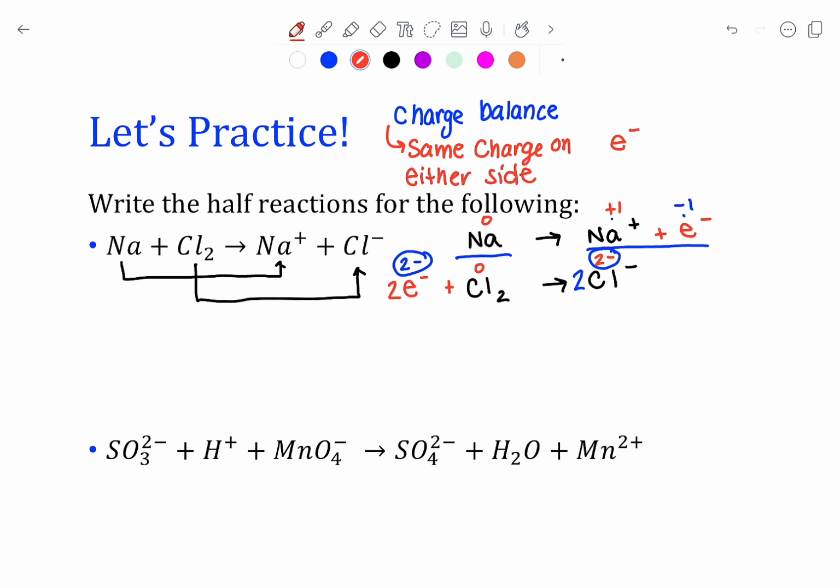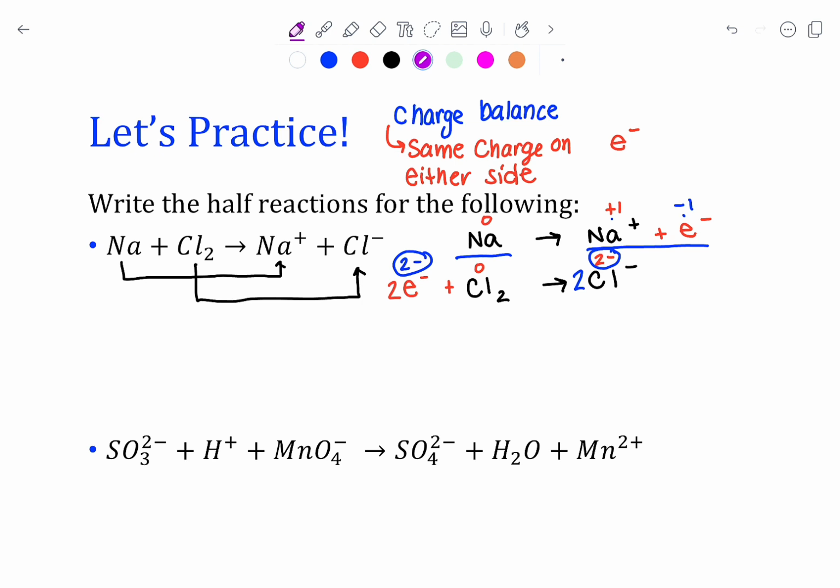So, if we look at these 2 half reactions, we can now identify which one is the oxidation and which one is the reduction half reaction. Remember, oxidation is the loss of electrons. Loss of electrons, oxidation. So if we were losing electrons, we would see the electrons on the product side.